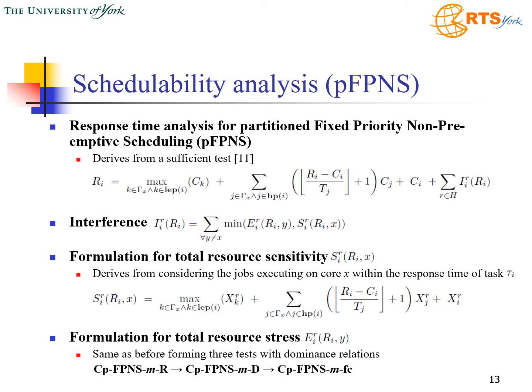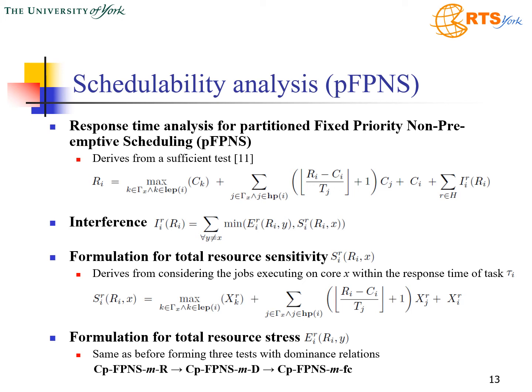The schedulability analysis for partitioned fixed priority non-preemptive scheduling proceeds in a very similar way. First of all, we can derive the response time formulation from a sufficient test, and then we add on the interference term once again.